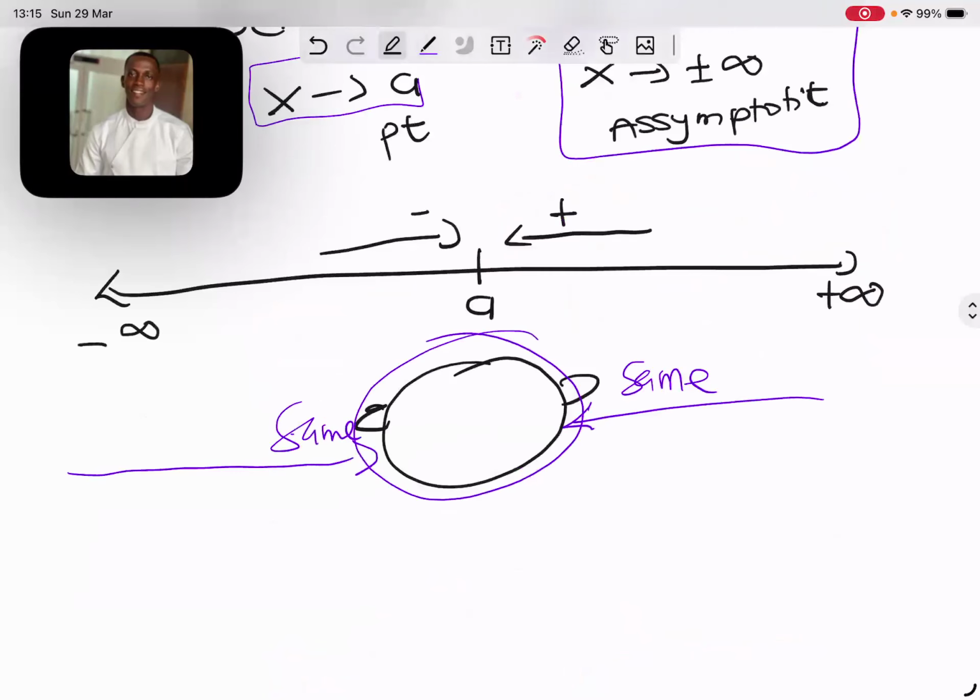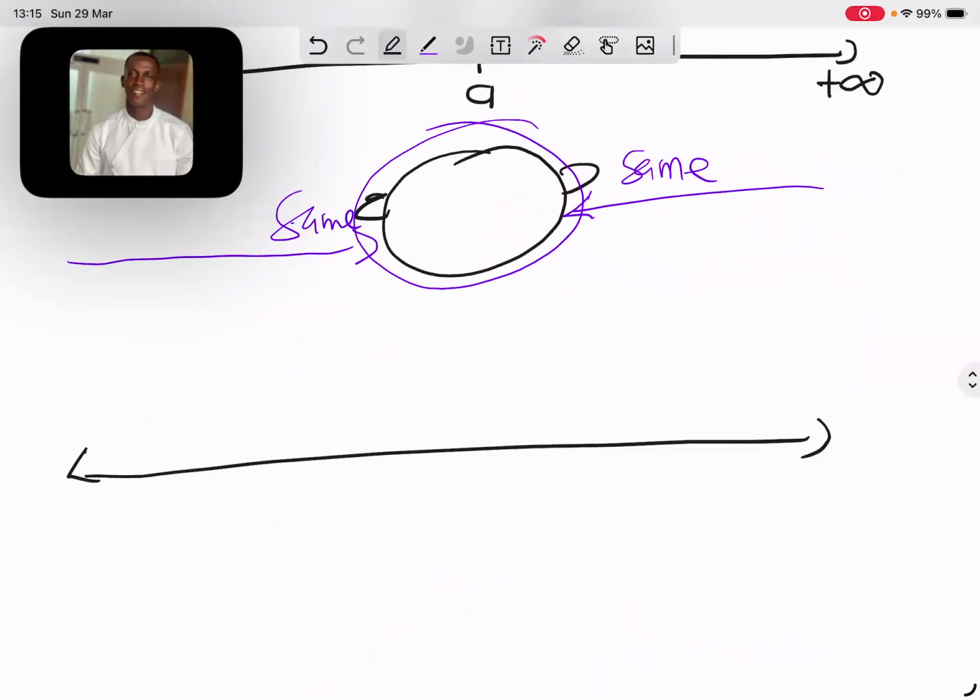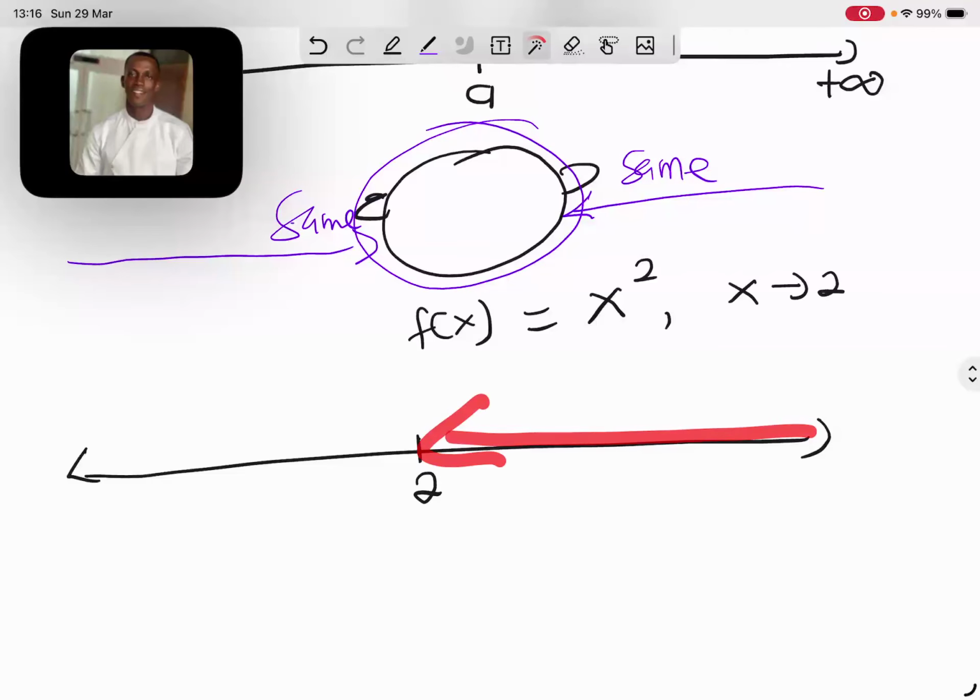So for instance, given f of x equals x squared, if we want to evaluate the limit as x, which is the independent variable, approaches 2, 2 is over here, we can put 2 randomly on our number line. There are two directions in which x can approach 2. X can approach 2 in the positive direction. X can also approach 2 in the negative direction.